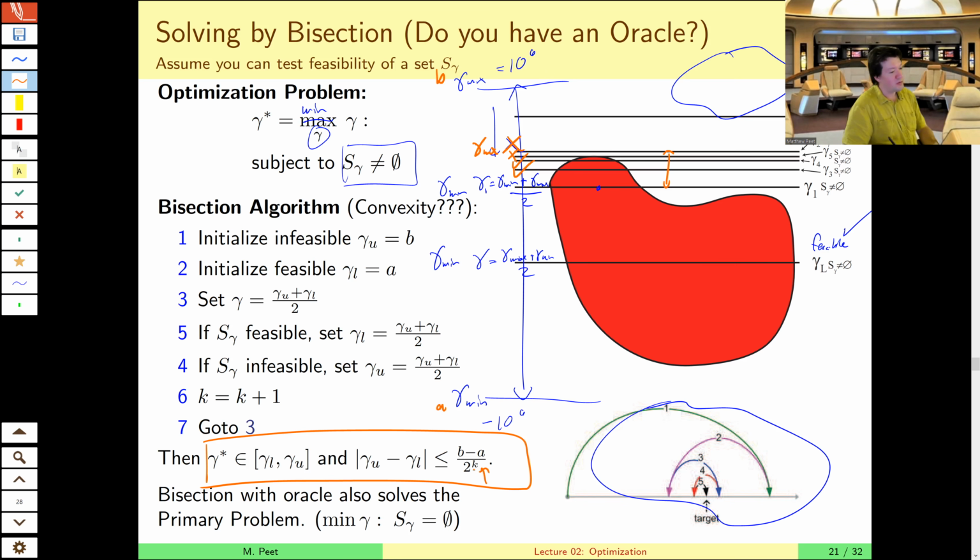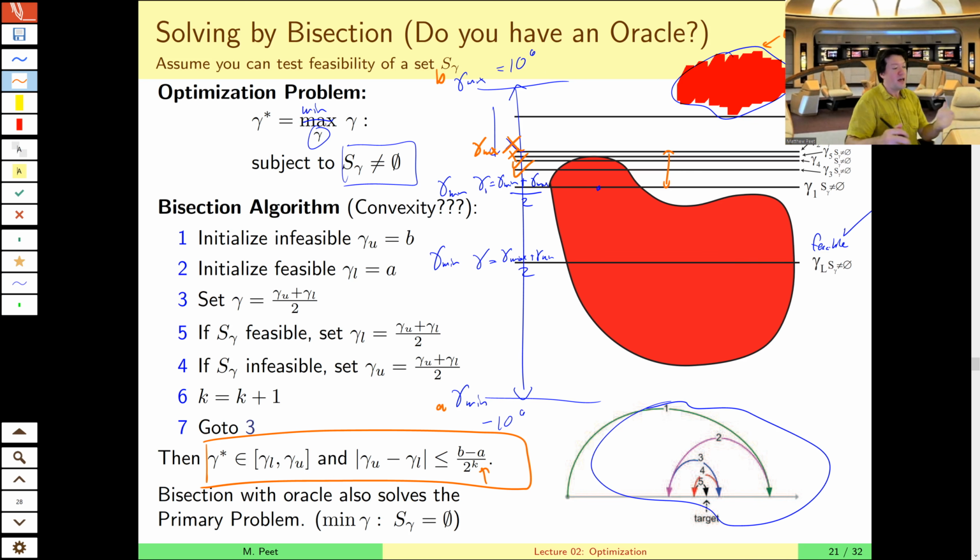Of course, what would have happened if there was another feasible set over here? Well, then I would have wrongly assigned my gamma max here. So this would have been incorrect, because, in fact, the gamma max is up here. So it does assume that our set is convex.